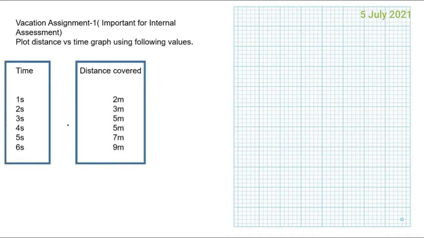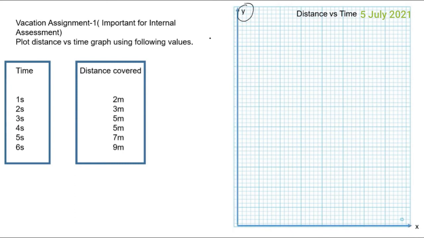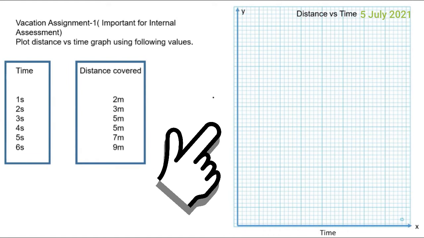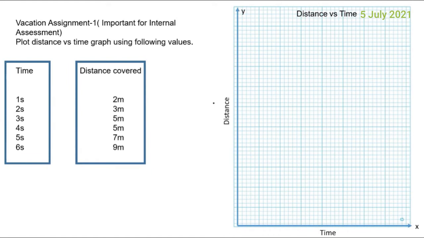The question which comes to our mind is which of these goes on the x-axis and which physical quantity should be on the y-axis. Please remember, write which is the x-axis and which is the y-axis. Time is drawn on the x-axis, and the y-axis will carry distance.